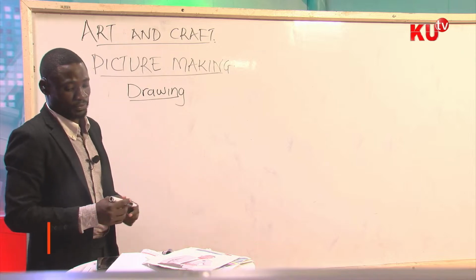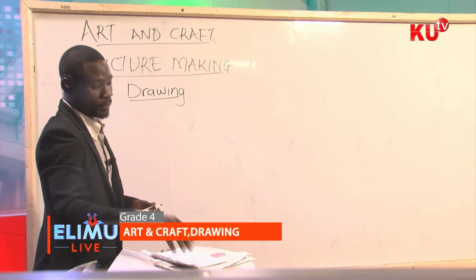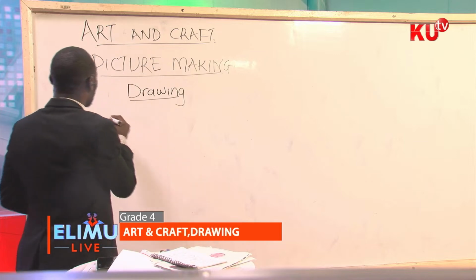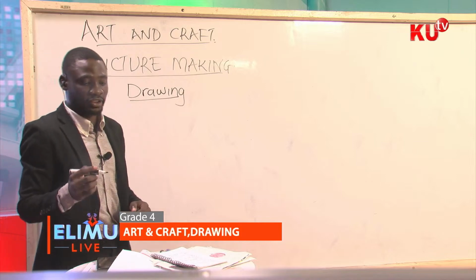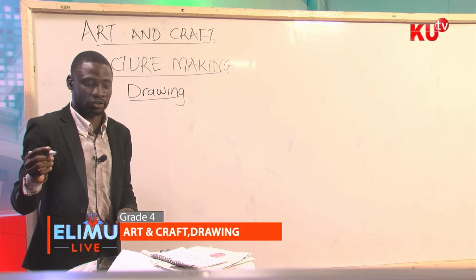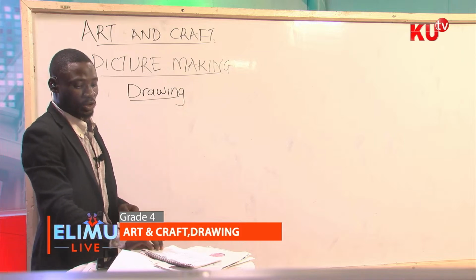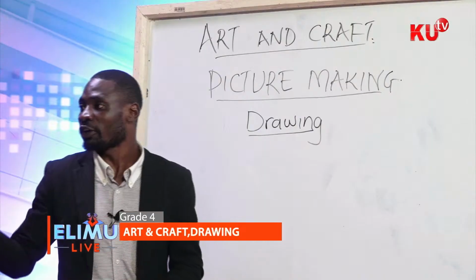What is drawing? Drawing is an art. It is an art of making pictures on paper by use of tools such as pencils. You can also use a pen, you can also use crayons.